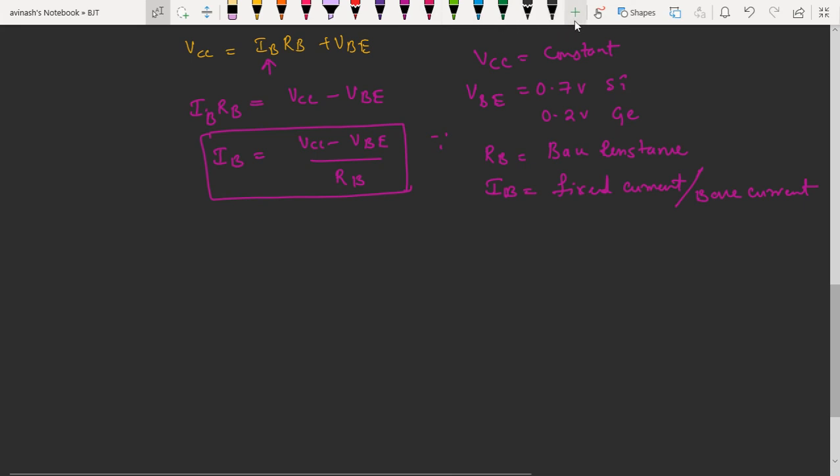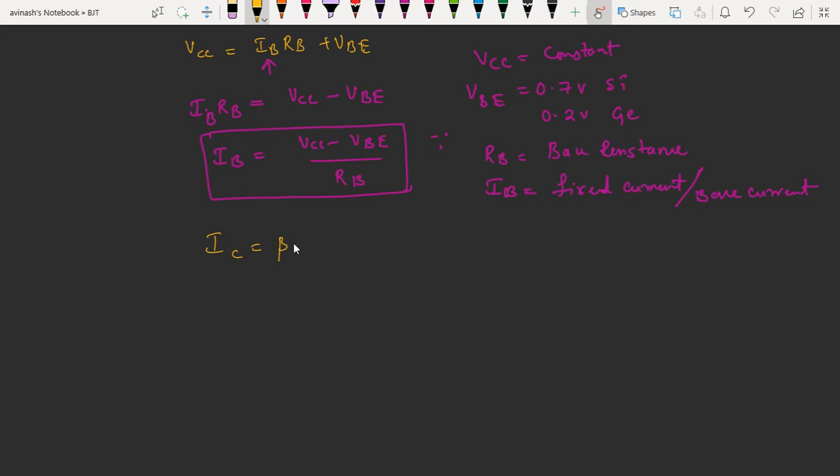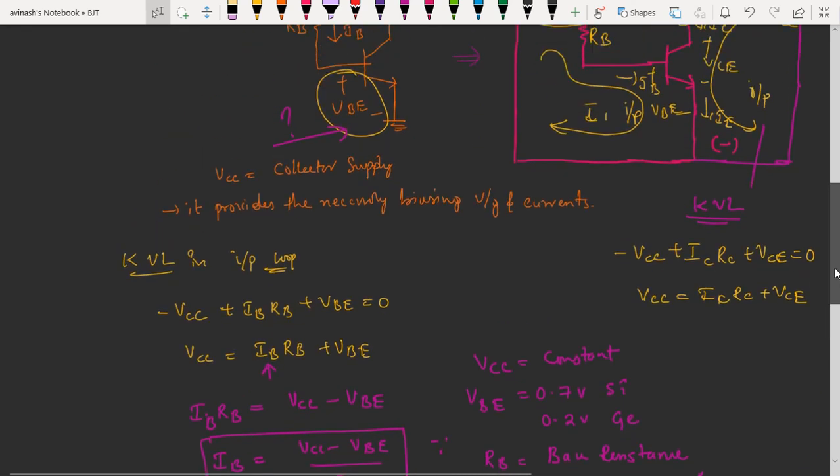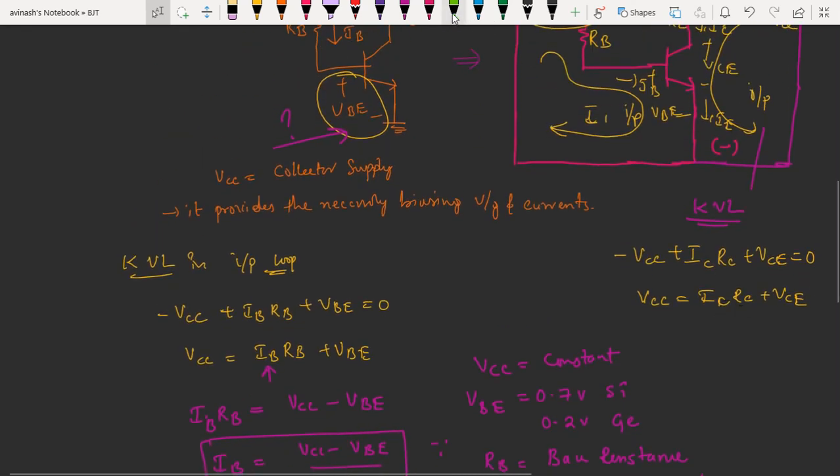If you observe here, we know that IC is equal to beta into IB. Substituting the value of IB, IC is beta into VCC minus VBE by RB. Let us take this as equation number 1, this as 2, and this as equation number 3. Substitute the value of IC in this equation.